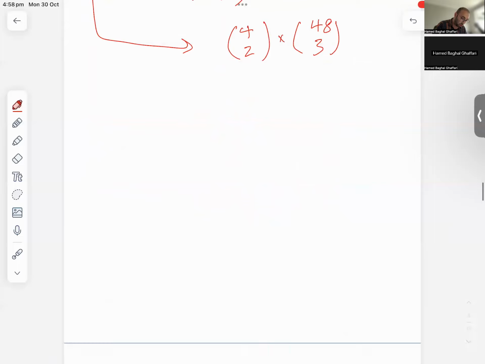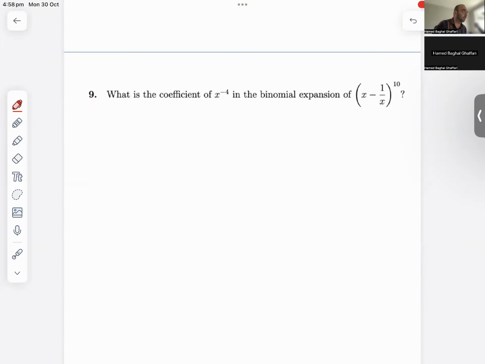Move on to question 9. For question 9, we need to use the binomial theorem. The binomial theorem tells me that for an integer n not less than 0, (a plus b) to the power n is equal to the sum from k equals 0 to n of n choose k, a to the power n minus k, b to the power k.